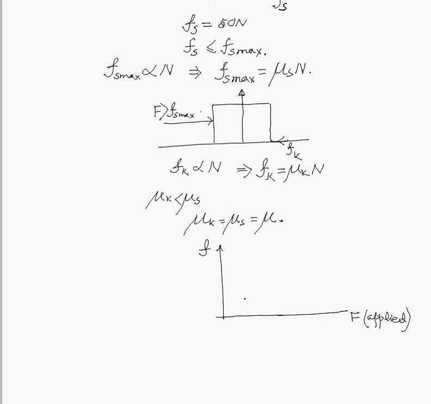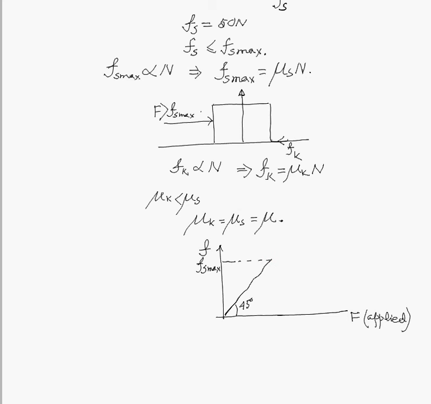Initially, till the limiting value of friction is reached, the applied force is equal to the static force of friction. So the graph is a straight line with slope 45 degrees passing through the origin. This is up to the maximum value of static force of friction.